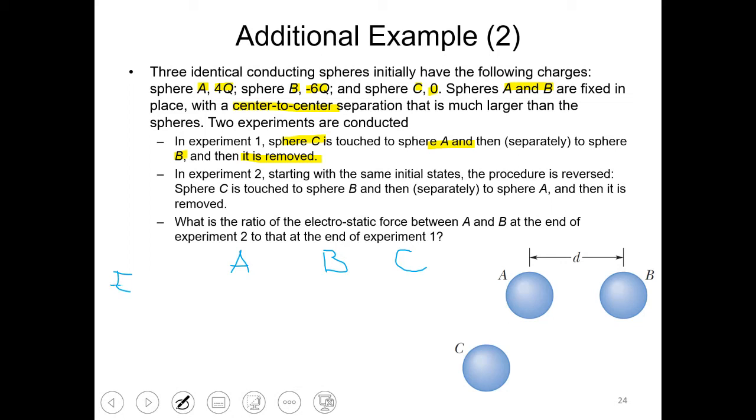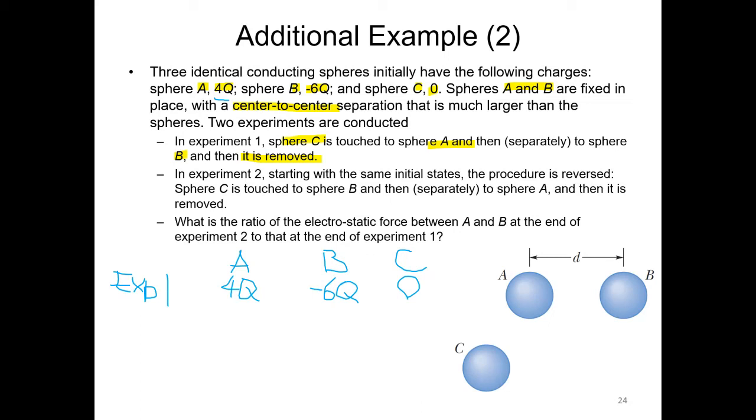For experiment 1, initially we have 4Q for A, minus 6Q for sphere B, and 0 for sphere C.